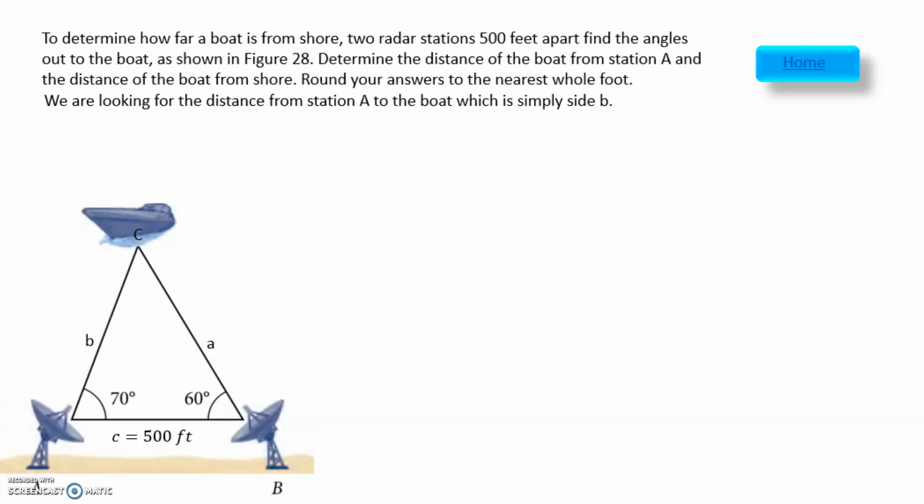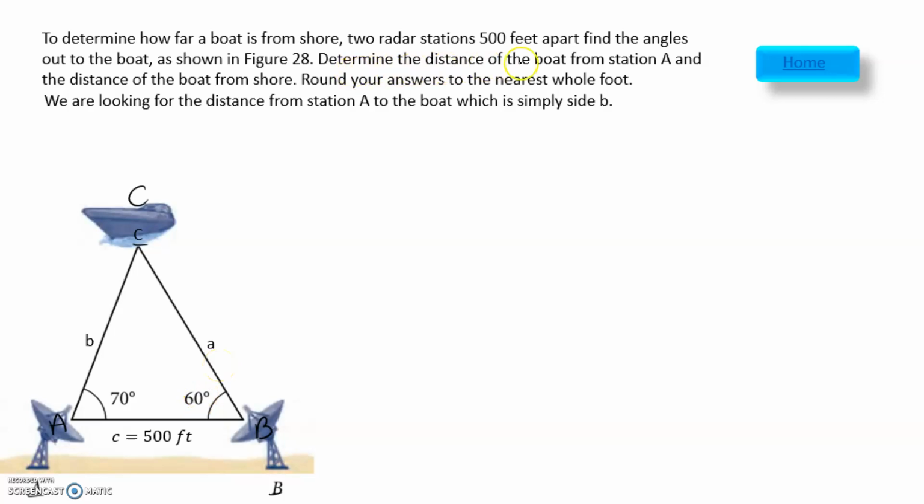Let's look at a word problem. Say we've got two radar stations, A and B, and they are 500 feet apart. And this is going to be A, this is going to be B, and this is going to be C, like you see right here. Okay, so the angle for A is 70, the angle for B is 60.